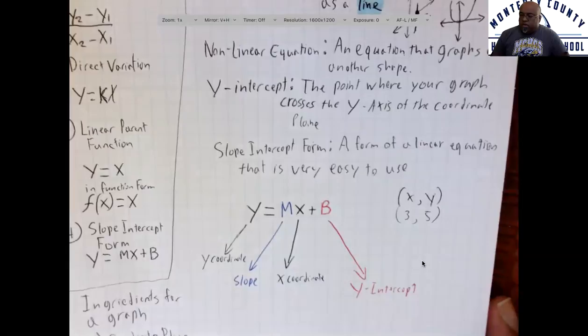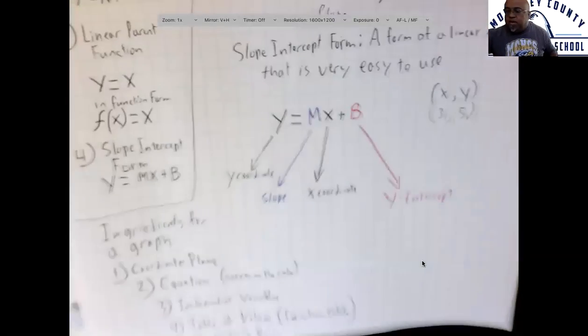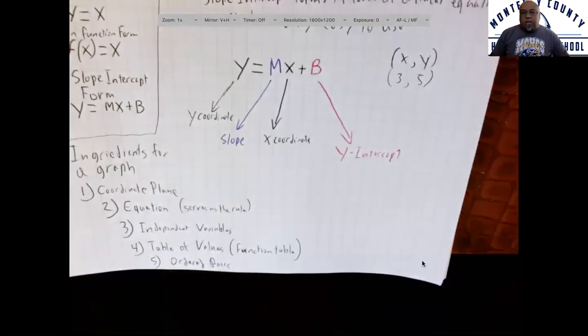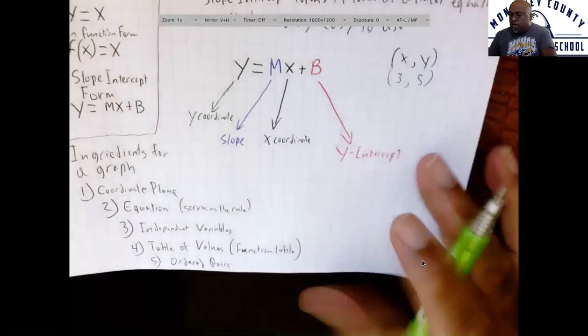So I want to talk for just a second about what are the ingredients of a graph, because this is the point where we start really doing some graphing, okay? Here's what you need to make a graph. Number 1, you need a coordinate plane, okay?